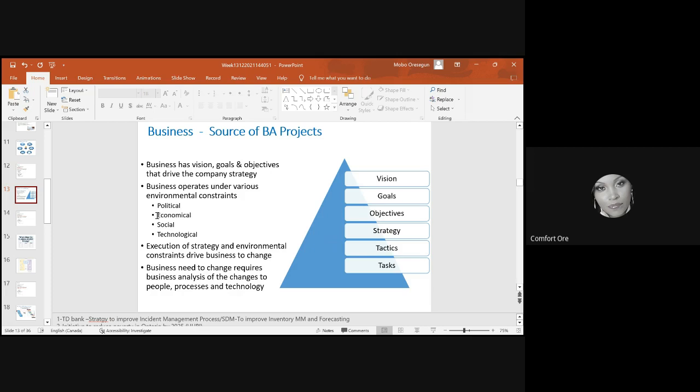The vision, the goal, the strategy that drives the company usually would have been part of the business goal or business objective of the organization. Usually the BAs are not involved in this. So this should have been defined way before the organization decides to engage the services of a BA.